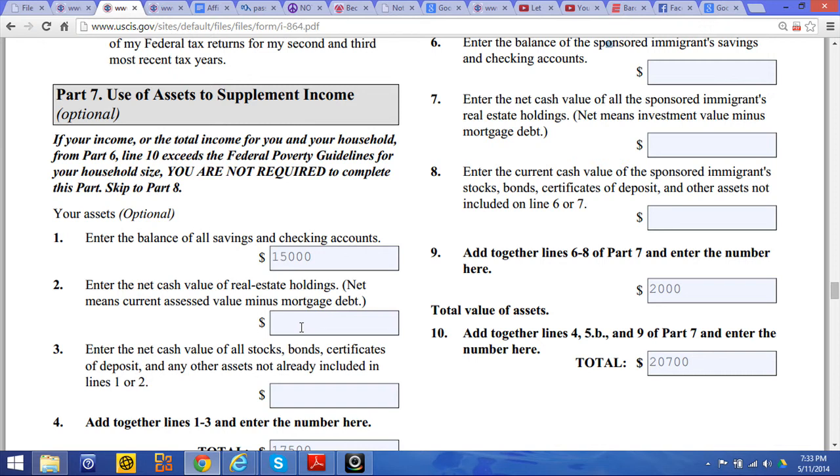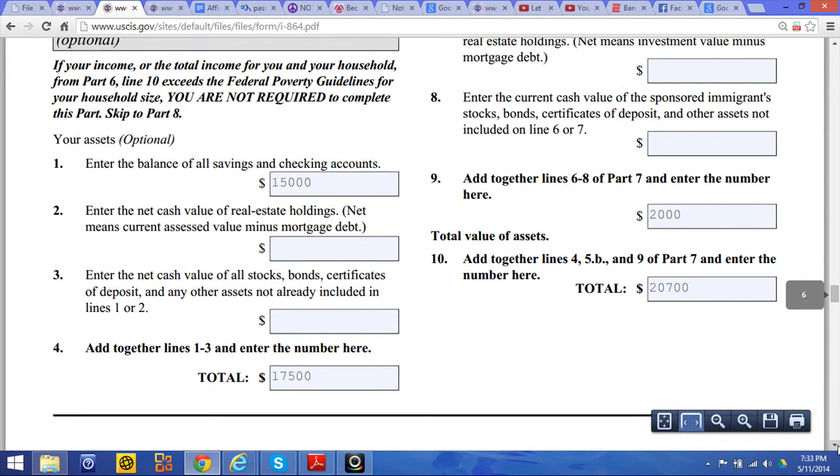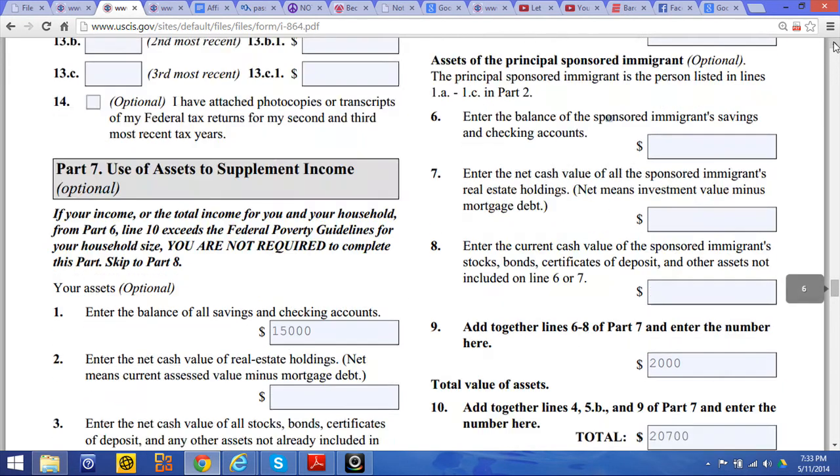The joint sponsor may not live in your house, even if it's a friend living somewhere else. If this person is a US citizen or a permanent resident, you can fill out the affidavit of support separately like a joint sponsor. That's all for part 7 about use of asset.